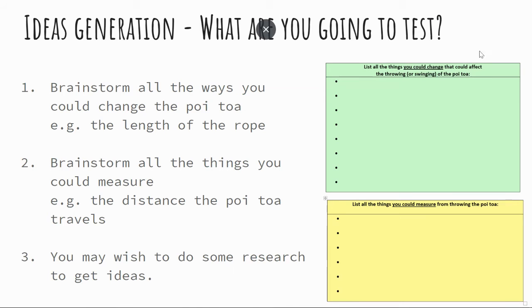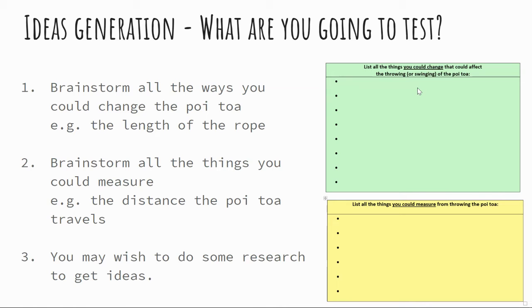So what does the planning template look like? So the first thing you're going to do is list all the things you could change that could affect the throwing or swinging of the Poi Toa. So you just list all the things you could change. You could change how big it is, you could change how much it weighs, you could change the length of the rope.